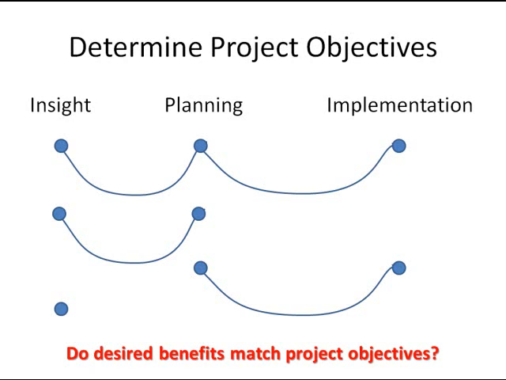So my planning is already in place. What I want is I want to hire someone for implementation. So I just want someone to put the pieces in place. And then finally, sometimes you just need the insight so that at a later date you can move on to future steps. Now, depending upon what goals or what objectives you have for a project will depend on where you're going with your proposal.